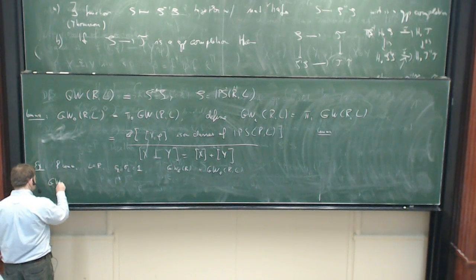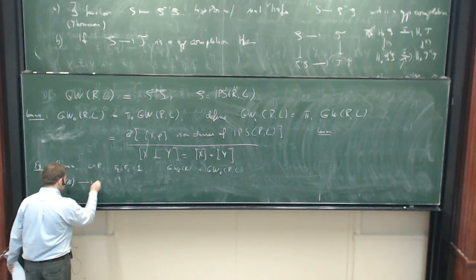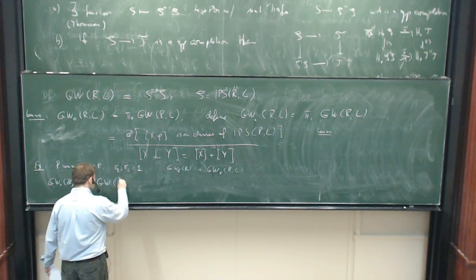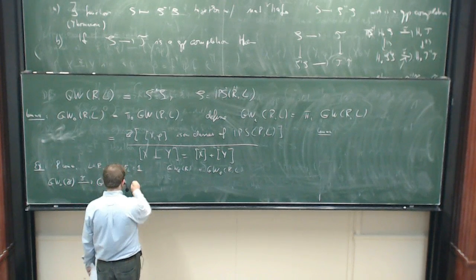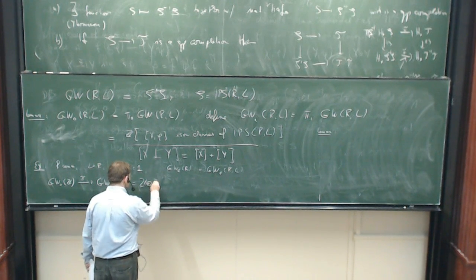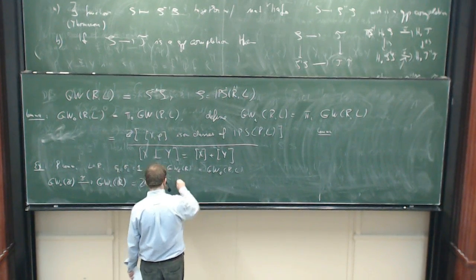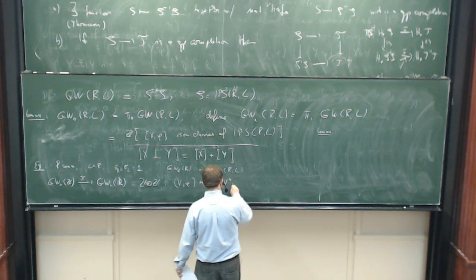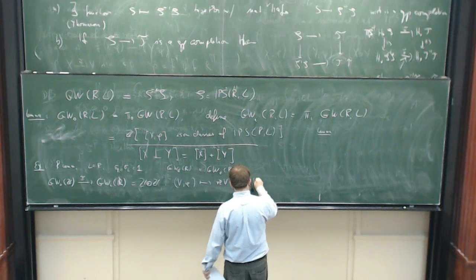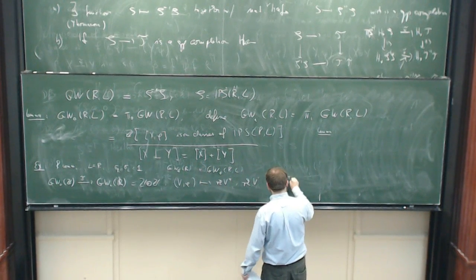So, for instance, the Grothendieck group of the real numbers is an isomorphism, and this is just Z plus Z, sending an inner product space V to the rank of its positive definite part, comma, the rank of its negative definite part.